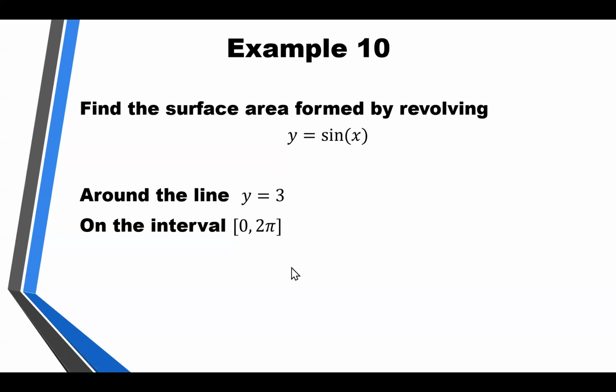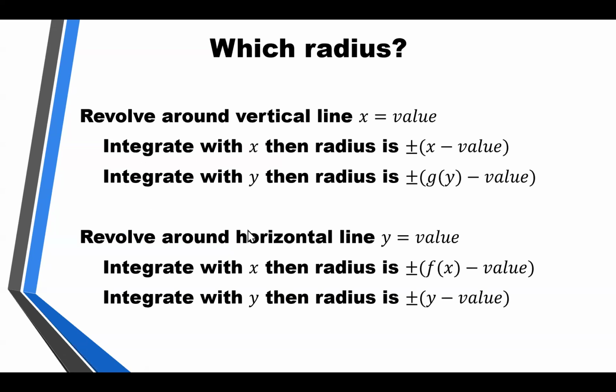The negative of that would be the value minus the function. By the way, if you accidentally write sine of x minus 3, that would be okay as well. You would just get the negative of the answer that you're looking for. But there you go. Again, if you forget which radius to use, refer back to this slide here.